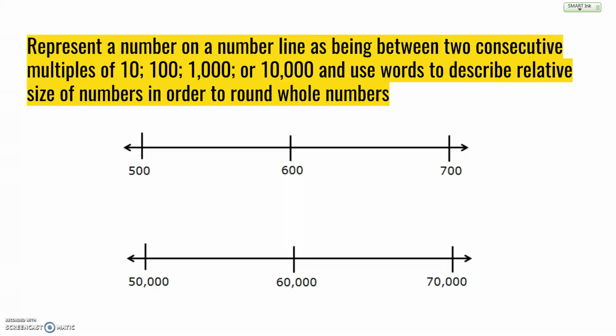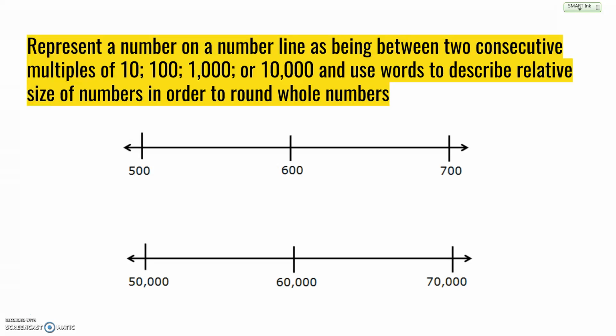So for instance, on the top number line, if I asked a student to put a point that represents 582, they would need to know that 582 comes between 500 and 600, and they need to know that it should be placed closer to 600 than to 500. And so then we have the conversation that if I was rounding this to the nearest 100, I would round it to 600 because it is closer to that multiple of 100.